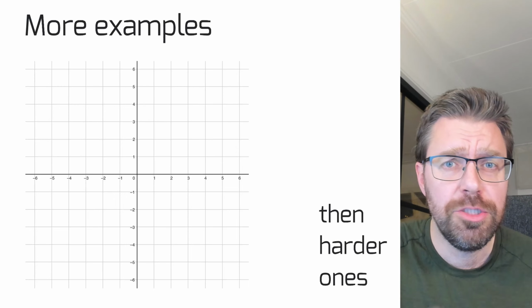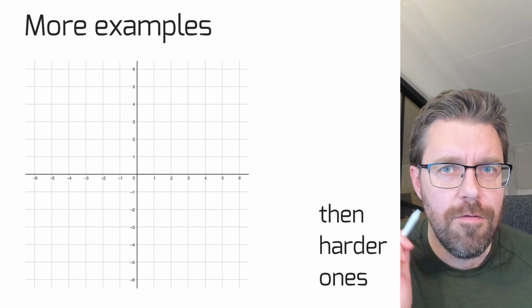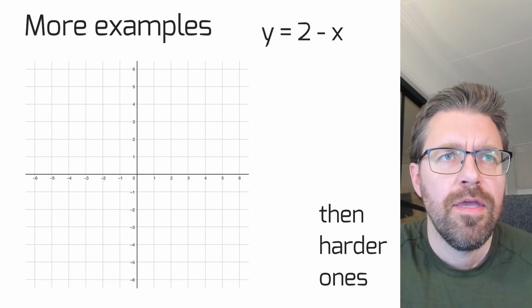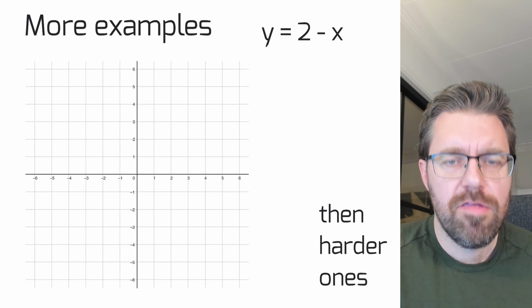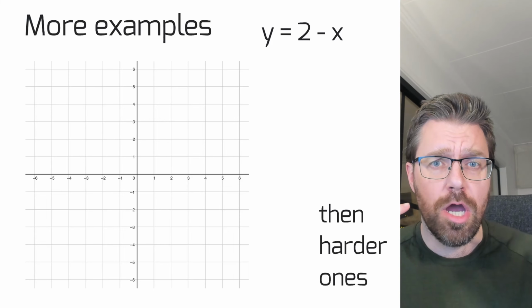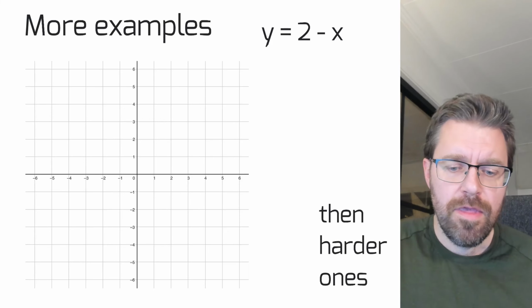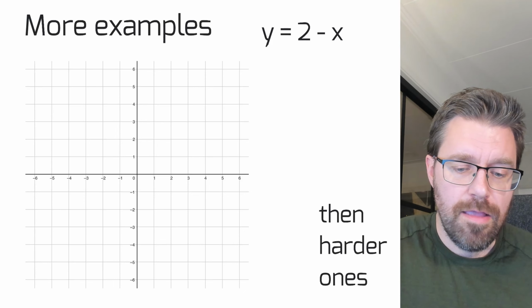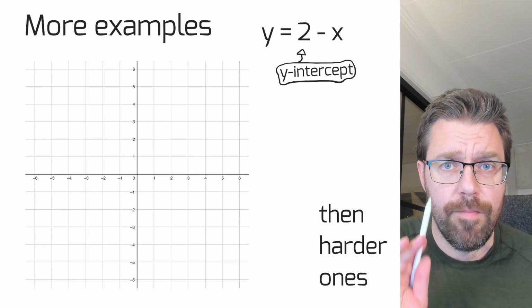So we take two fast examples and then we go to some harder ones. The first example, y equals 2 minus x. Here the x term and the constant term have changed places. So the constant, the y-intercept, is the number 2.